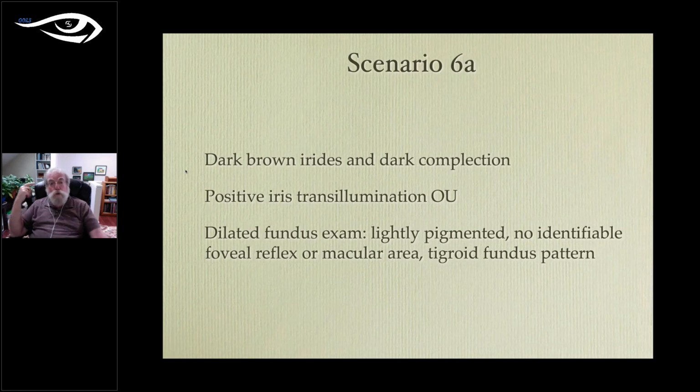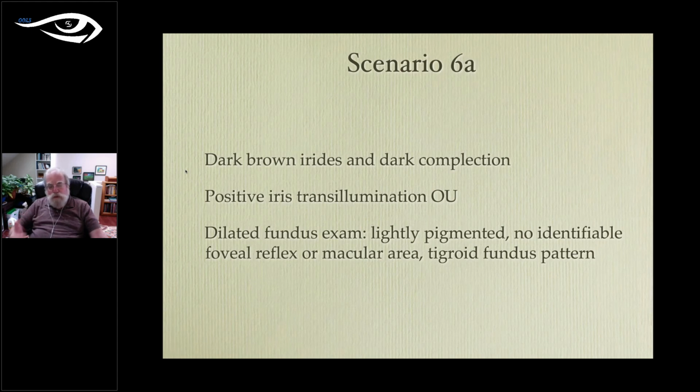The light goes through the skin of the lid, goes through the meat of the eyelid, goes through the sclera, goes into the inside of the eye. It reflects all over the place, and then it is transilluminated. It is illuminated through the iris.